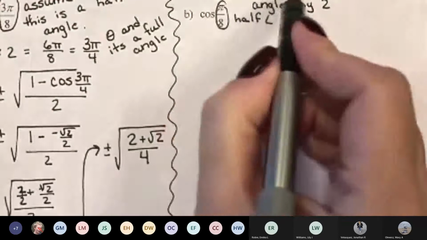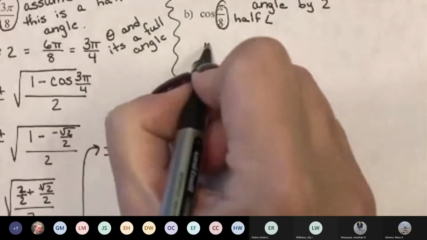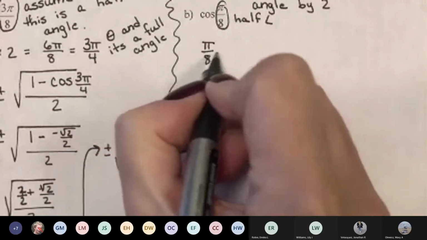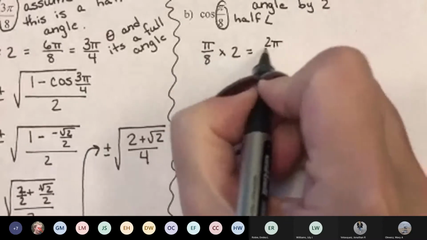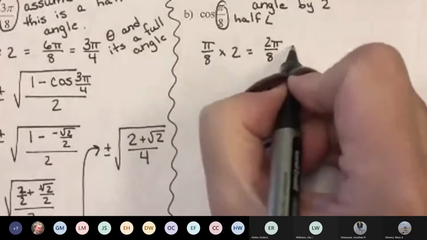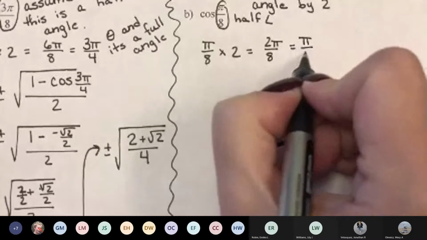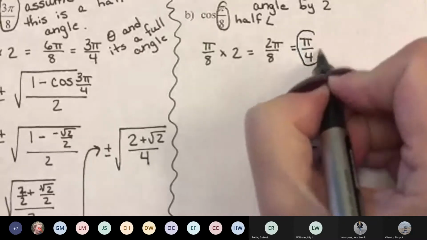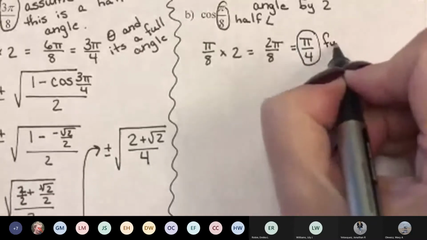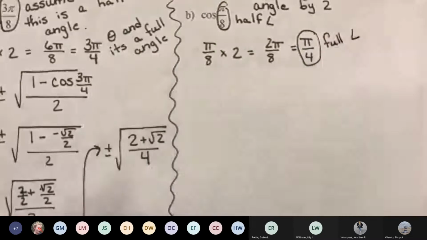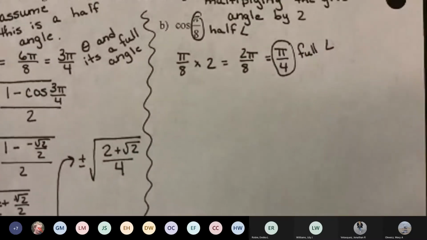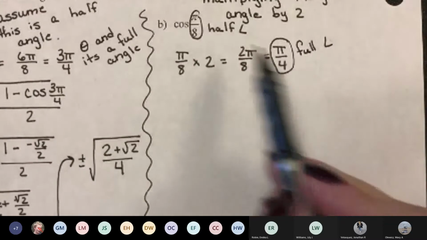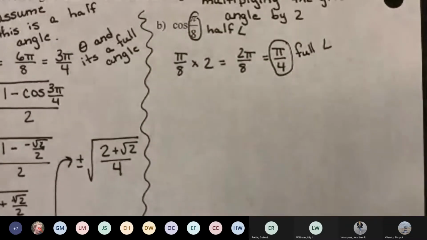So we're always going to start these problems by multiplying whatever we were given for an angle by 2. And then that pi over 4, that is a full angle. That's what has to go in our formula, okay? We don't have a choice about what we put in the formula. We have to put the full angle. Pi over 8 just won't work.